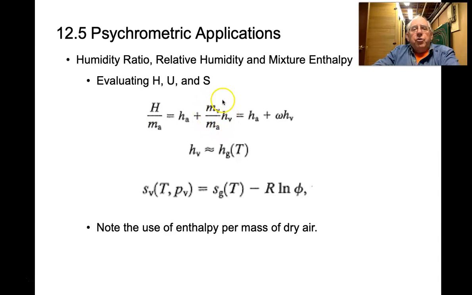And so that term there becomes omega, our humidity ratio. And so now we say that the enthalpy for the mixture is given by the enthalpy of the air component and the enthalpy of the vapor component multiplied by the humidity ratio.